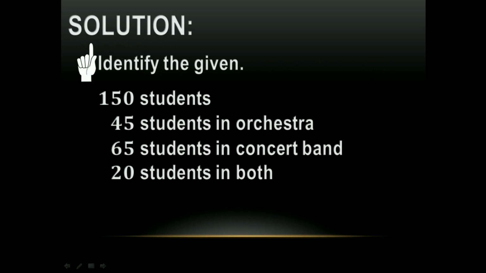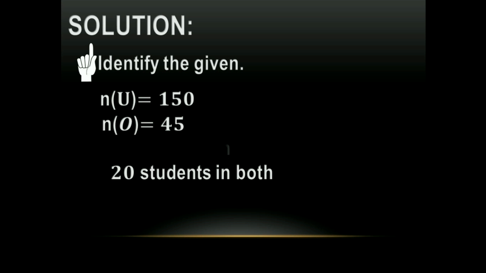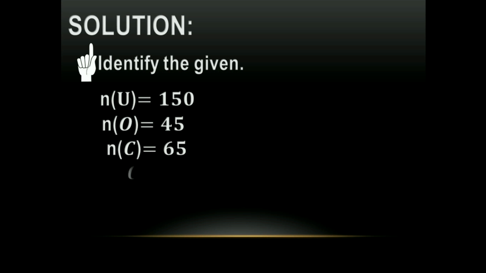So 150 students stands for the universal set, so n of U is 150. Let's have O for the orchestra and C for the concert band. So n of O should be 45, n of C should be 65, and the both here stands for the intersection of the orchestra and the concert band. Therefore, n of O intersection C is 20.